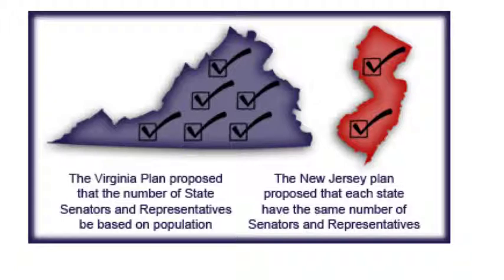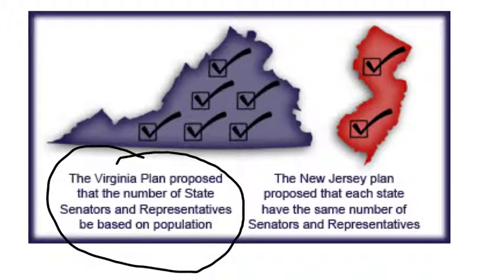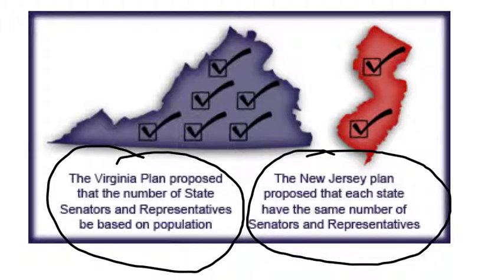So, something called the Virginia Plan is proposed, which says voting should be based on a state's population. The New Jersey Plan is saying no. Each state should have the same amount of votes. You'll remember the examples we looked at in class about homerooms and going over, is it fair for each homeroom to receive a vote?